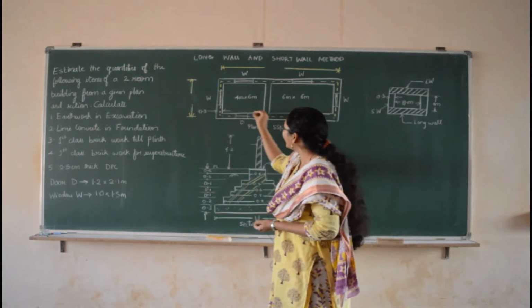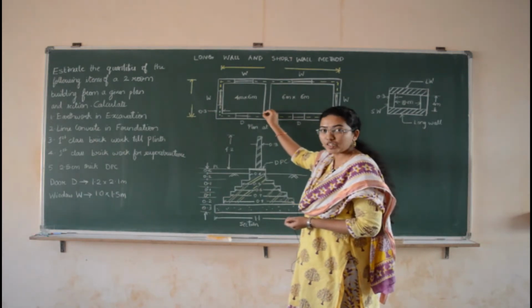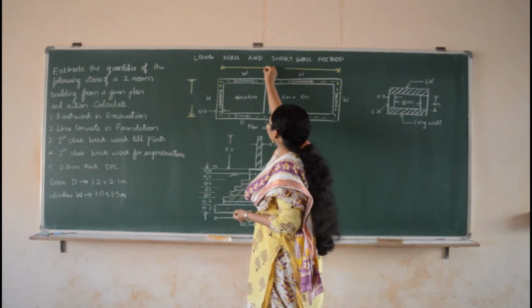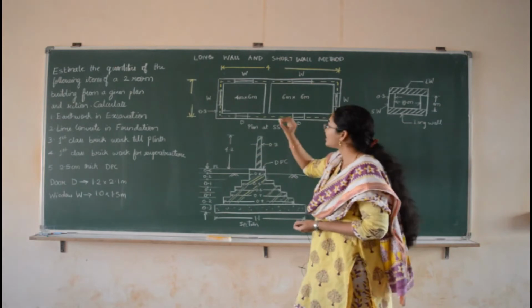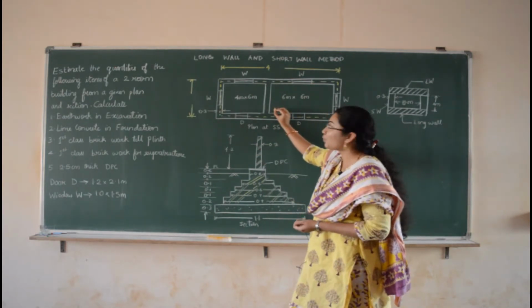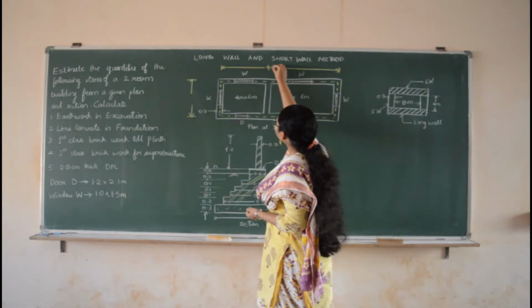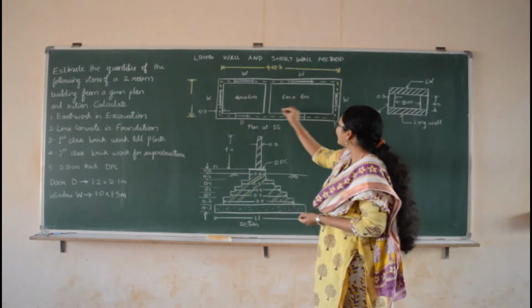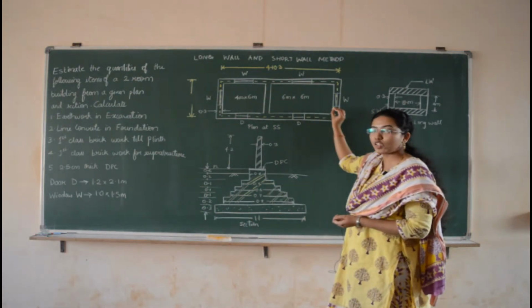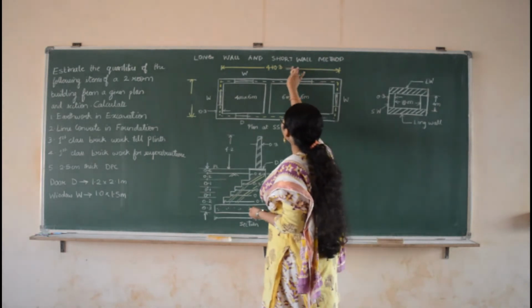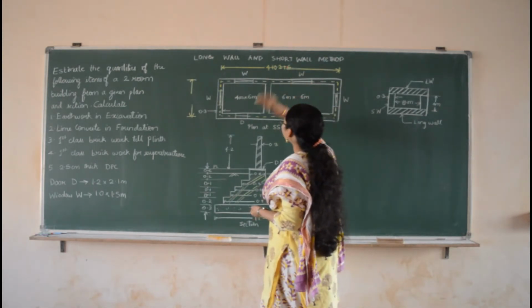I already know the inside distance for this particular room is 4 meters. So that is 4 plus the inside wall thickness of 0.3, so plus 0.3. Then here the inside distance of this particular room is 6, so I'll consider it as plus 6.